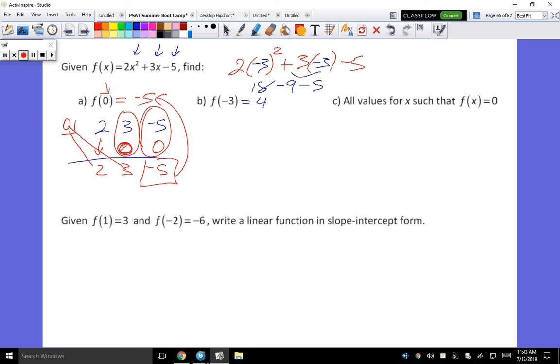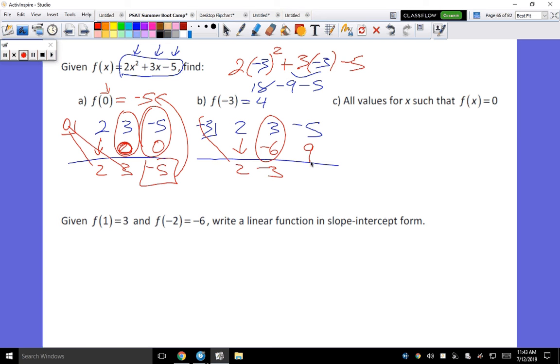If you struggle with negatives, look at this synthetic substitution. 2, 3, -5. Look at this. Copy, multiply, add. Multiply, add. I think it's easier that way. When you're first exposed, you're like, why? Well, there's a good reason right there. You know what I mean?